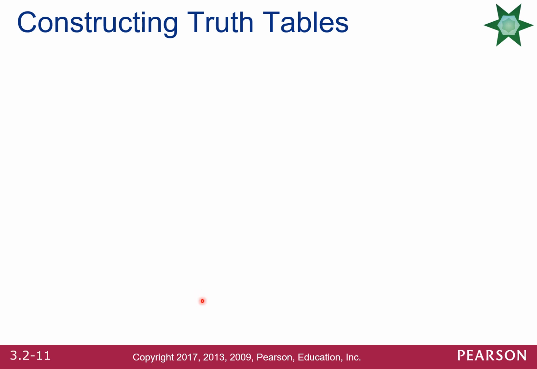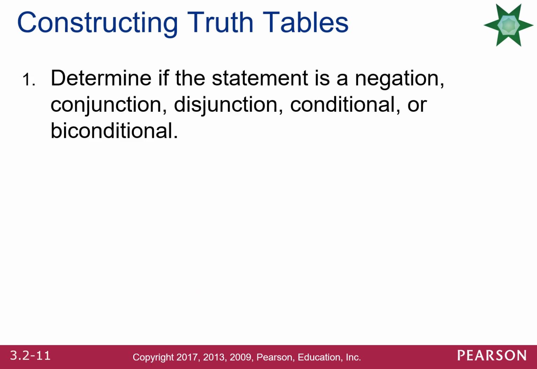But there's one convention that we need to follow. So the examples that we are going to work through will say, determine if the statement is a negation, conjunction, disjunction, conditional, or biconditional.